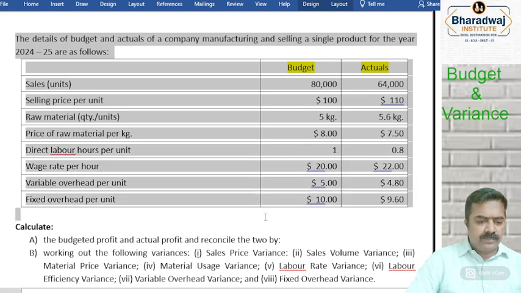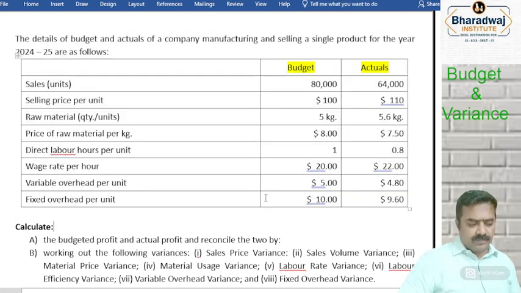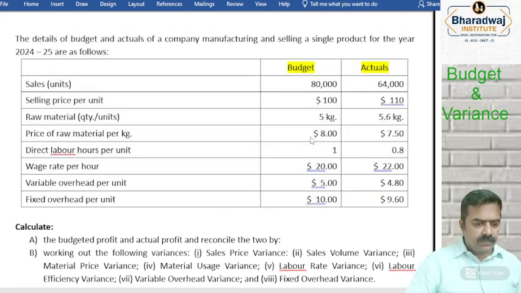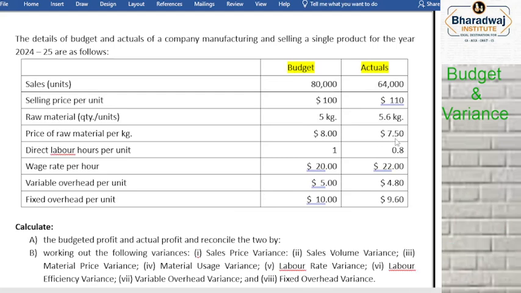Try to work it out. Tell me your answer for the budgeted profit and actual profit, then let me go ahead with my workings.